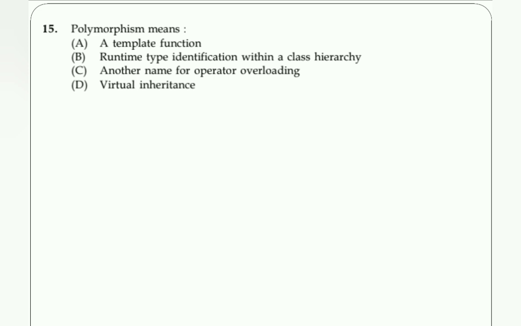Polymorphism is a runtime type identification within a class hierarchy. A language that features polymorphism allows developers to program in the general rather than program in the specific. So the option is B. Next.